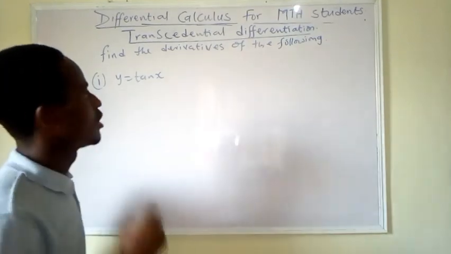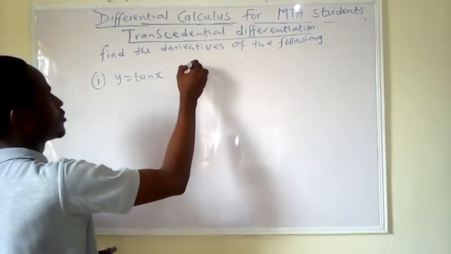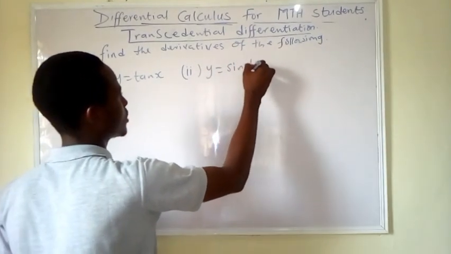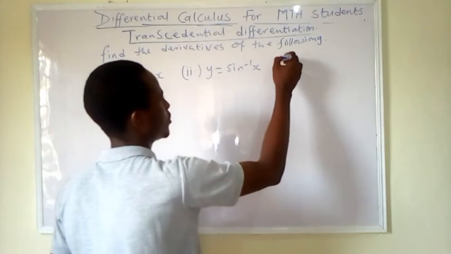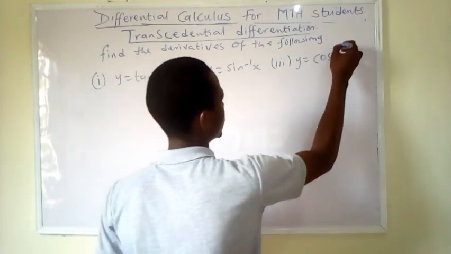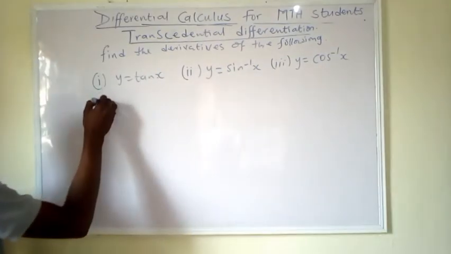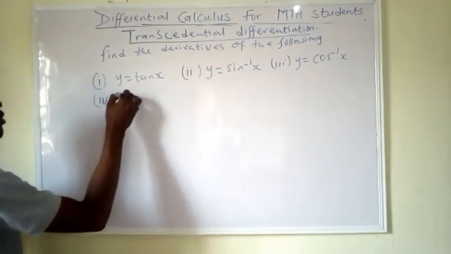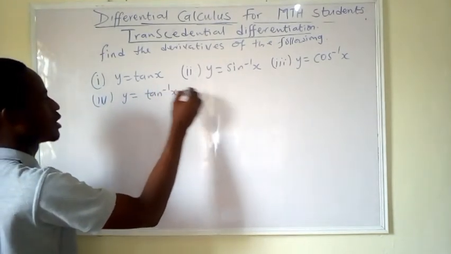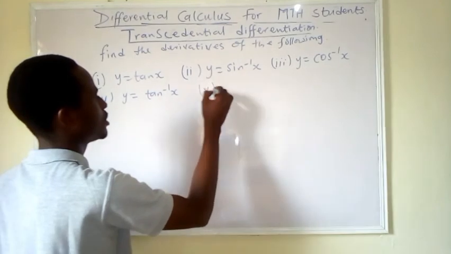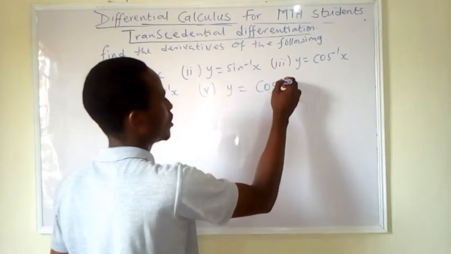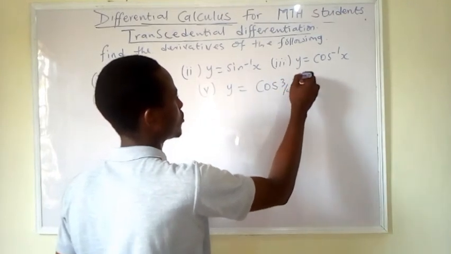Then y equals sine arc of x, y equals cos arc of x, y equals tan arc of x, and y equals cos 3 all over 4x squared.